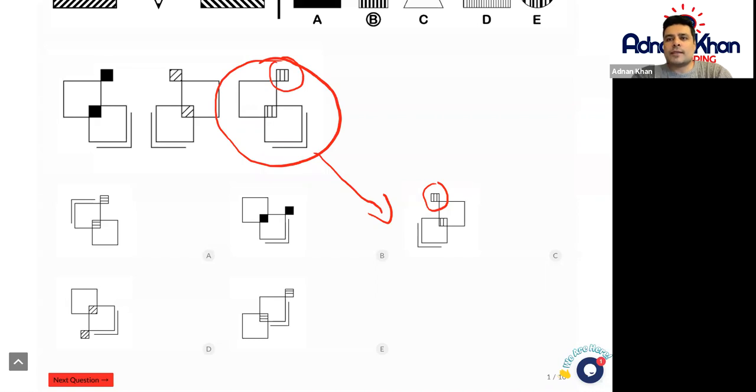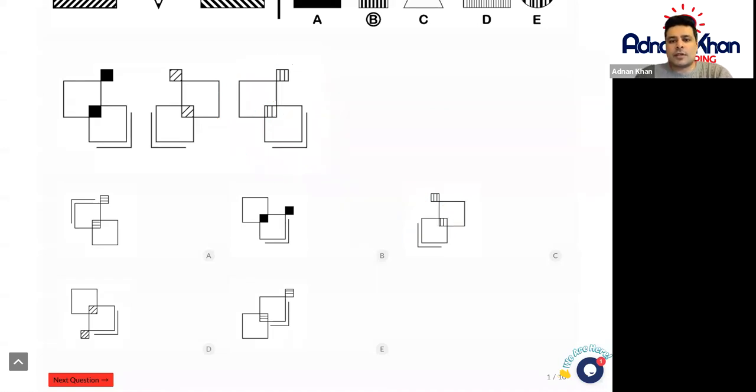Both the squares are reflections of each other, so it's like a mirror in the middle. And the overlapping square has exactly the same shading. And the right angle line is a complete reflection of each other. So there's a mirror in the middle, and it's exactly the opposite reflection of each other. So in this case, option C will be our correct answer.